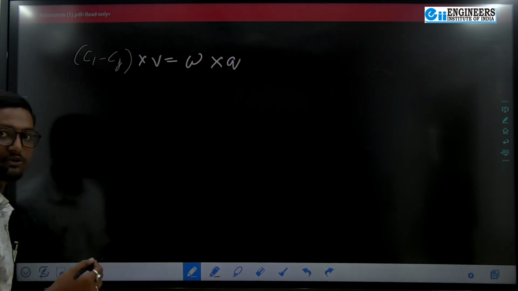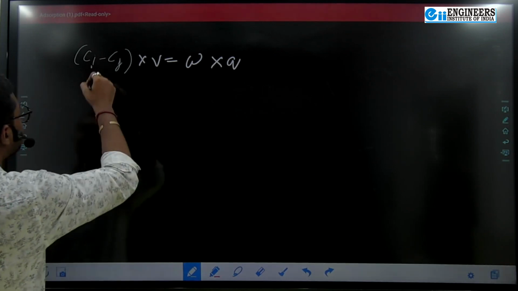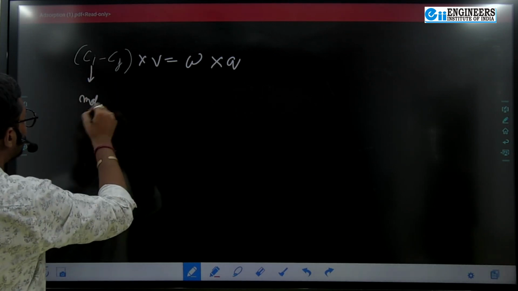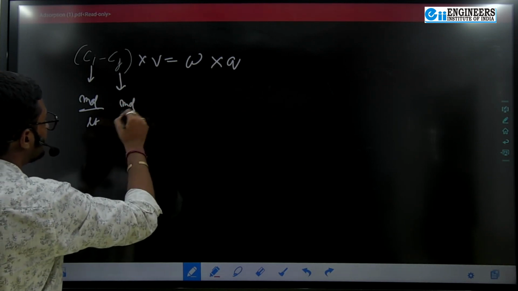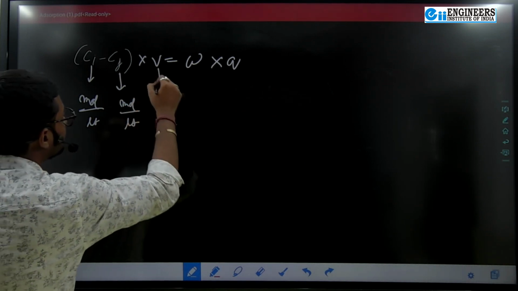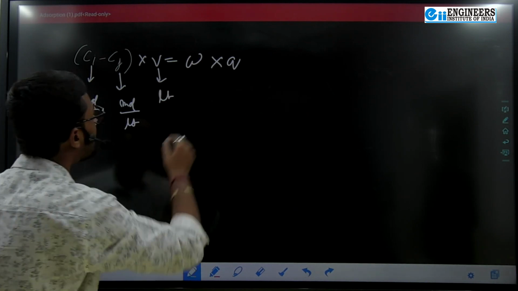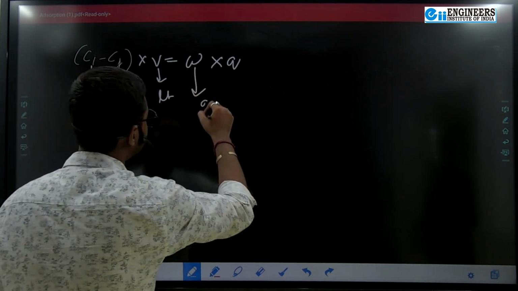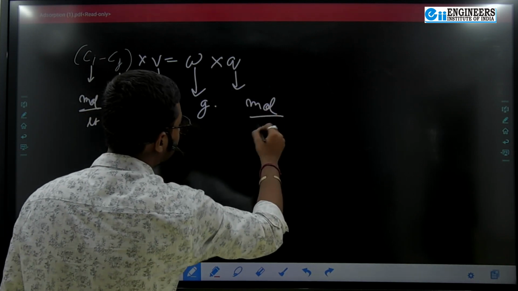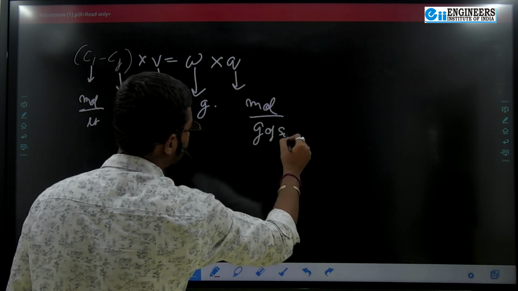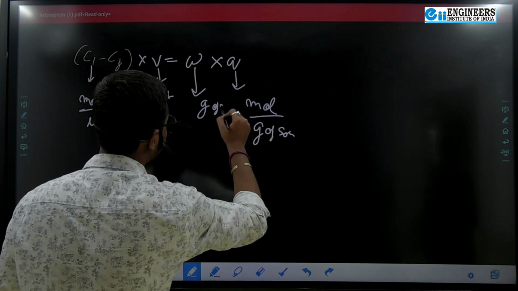So let's do a unit balance so that you can understand. Suppose this C's unit is mole per liter, so this unit will also be mole per liter. Volume unit will be liter. W unit will be gram, and this Q unit is mole per gram of solid. What is W?